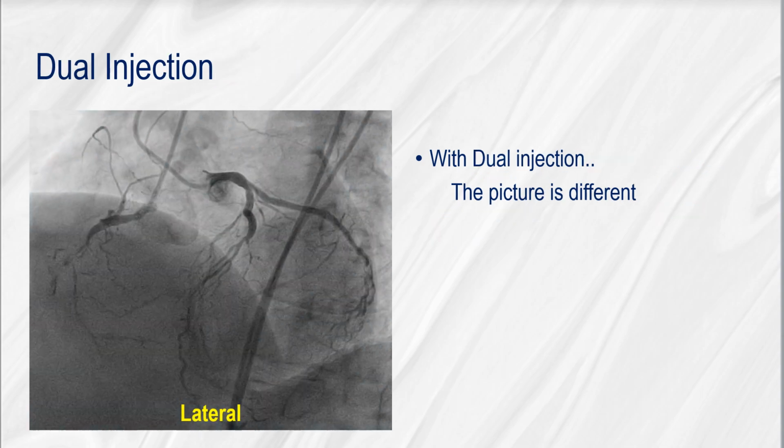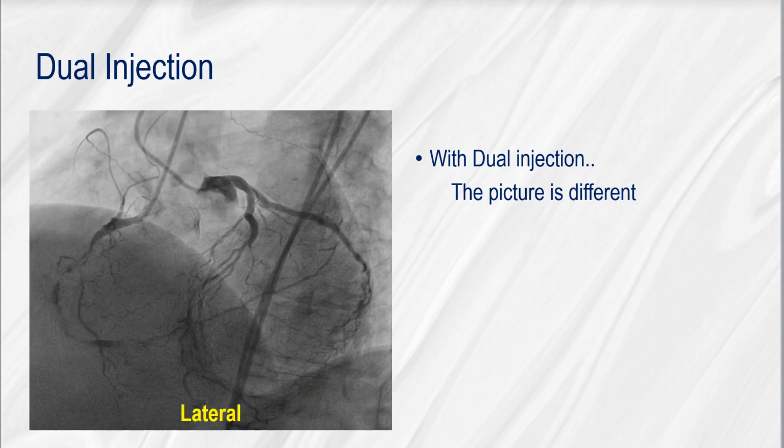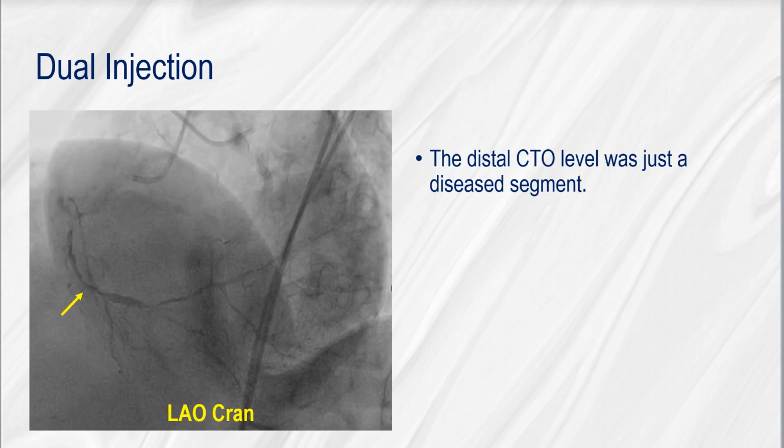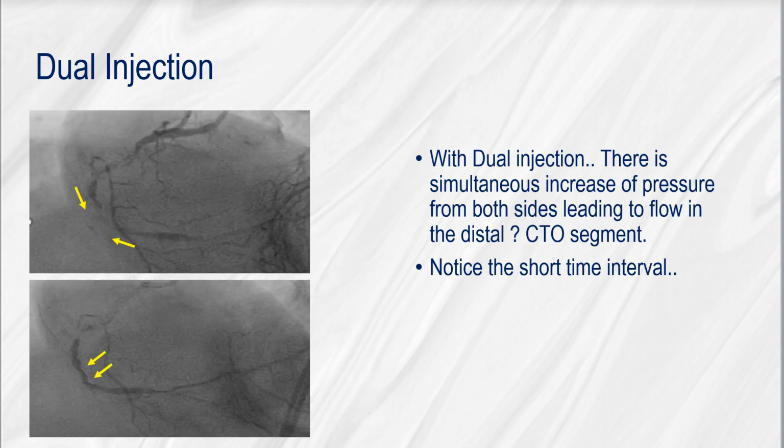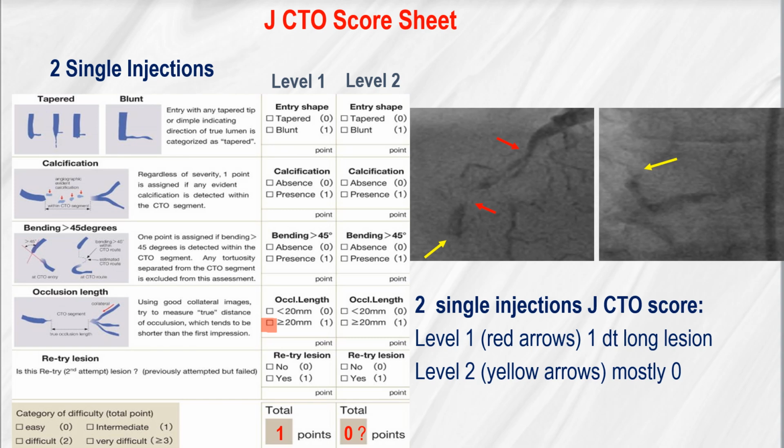With dual injection, the picture is different. The distal C2O level was just a diseased segment. With dual injection, there is simultaneous increase of pressure from both sides, leading to flow in the distal segment. JC2O score using two single injections.